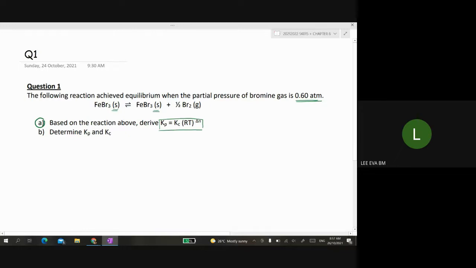Remember just now we used the general formula, but now we want to use a specific chemical equation. Come up with your Kp expression. You have never done this before, right? Tell madam how the Kp expression looks.